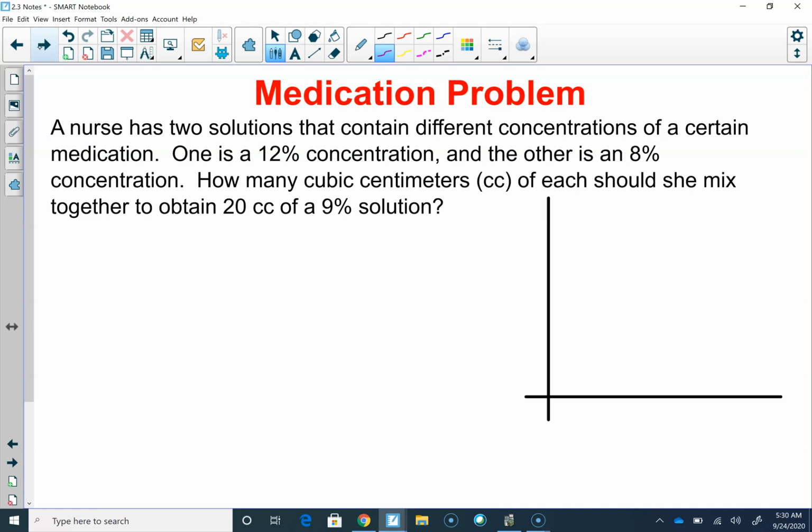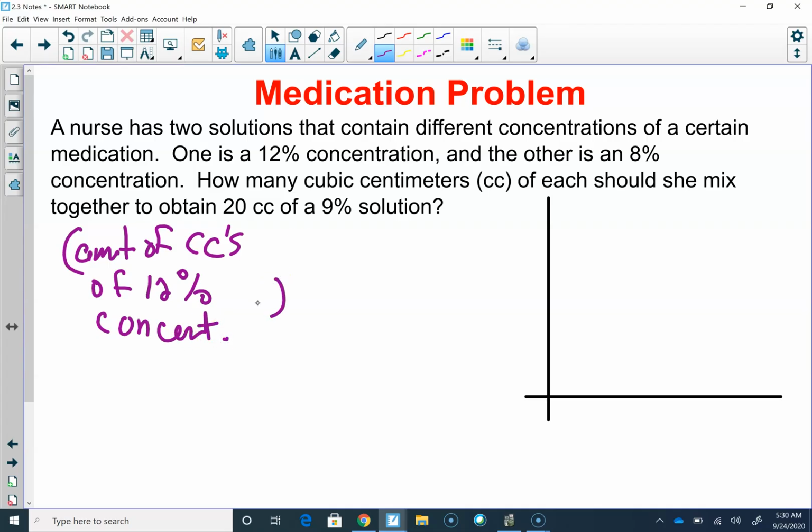Medicine problem. A nurse has 2 solutions that contain different concentrations of a certain medication. One is a 12% concentration, so that's going to be the number of cc's, which is cubic centimeters, of the 12% concentration.